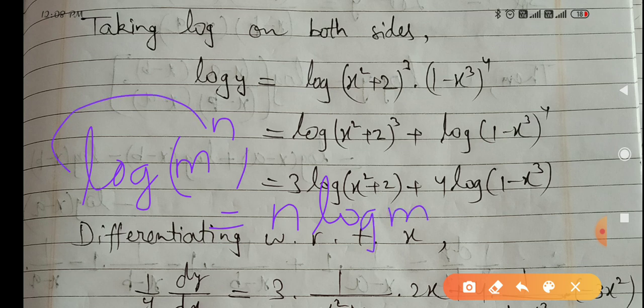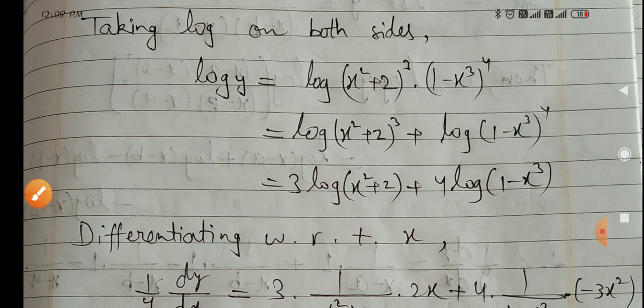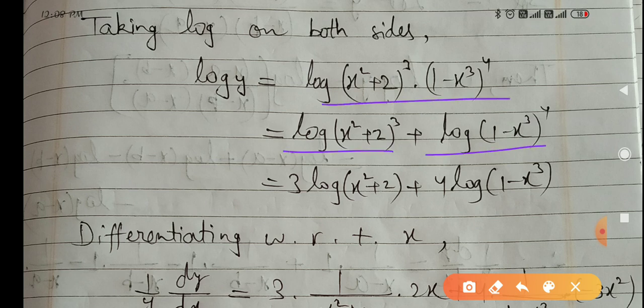This power will go in front of the log. Such laws I will apply here. In one question I am telling you, in other questions you have to understand yourself. So log mn is log m plus log n. Now the third law, the power goes in front of the log: 3 log (x square plus 2) plus 4 log (1 minus x cube).